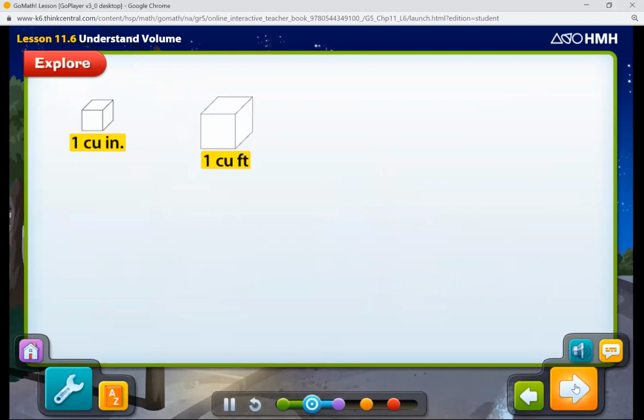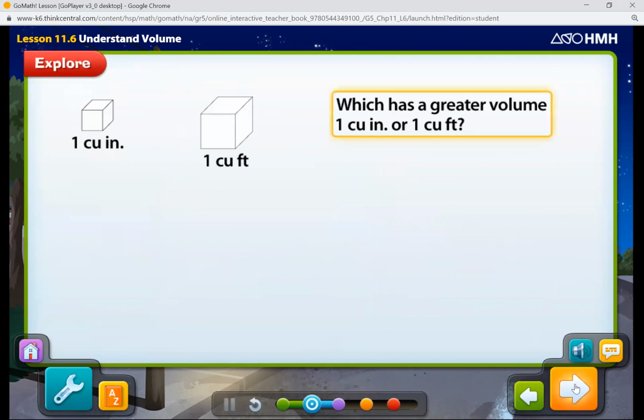Volume is measured in cubic units, such as cubic centimeters, cubic inches, or cubic feet. The volume of each cube is related to the size of the unit of measurement. Which has a greater volume, 1 cubic inch or 1 cubic foot? Well, let's think about that. Which is bigger, an inch or a foot?